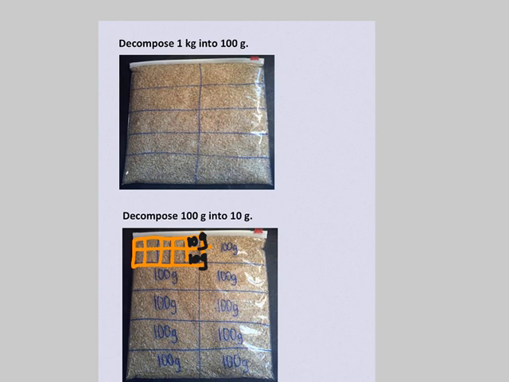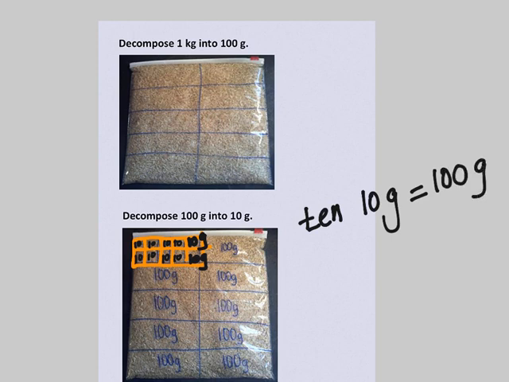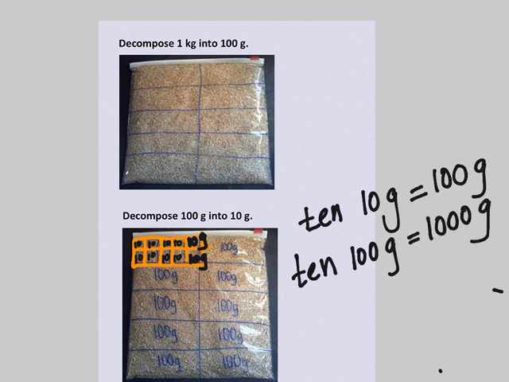So 10 grams will make 100 grams. And then 100 grams will make 1000 grams.